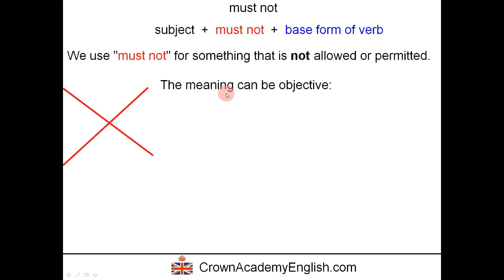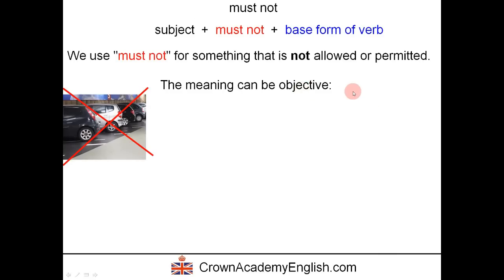And the meaning can be objective or subjective. So that means that the meaning can be an external obligation or an internal obligation. So let's look at an example of an external obligation. So this is why there was a big cross here.